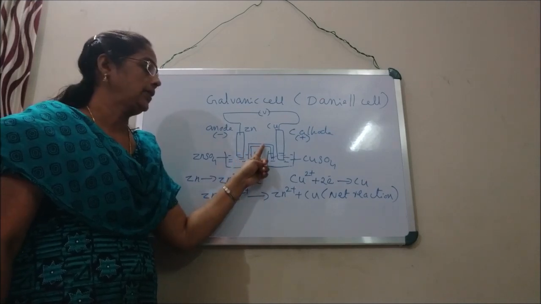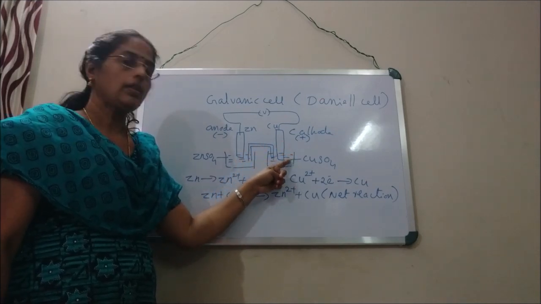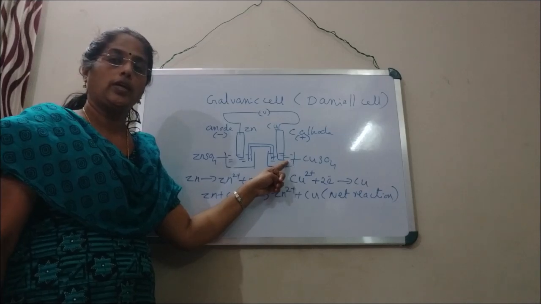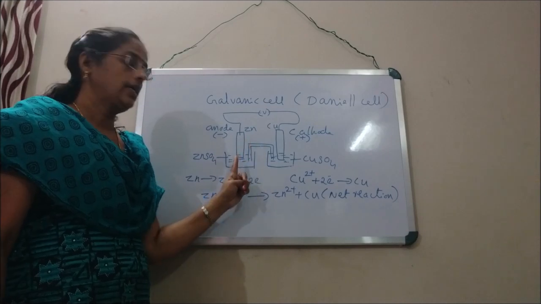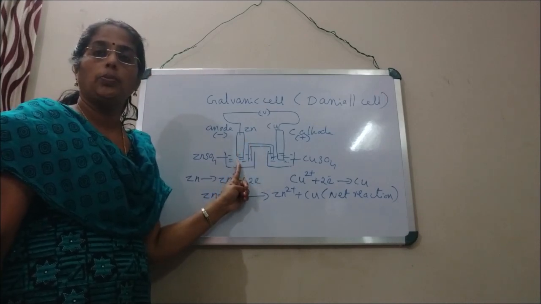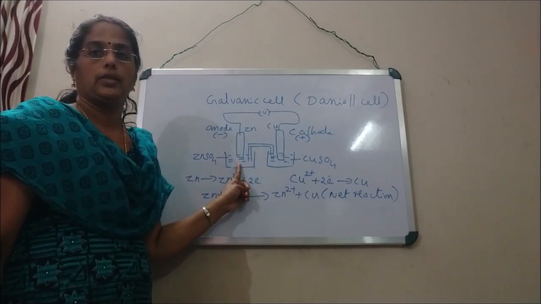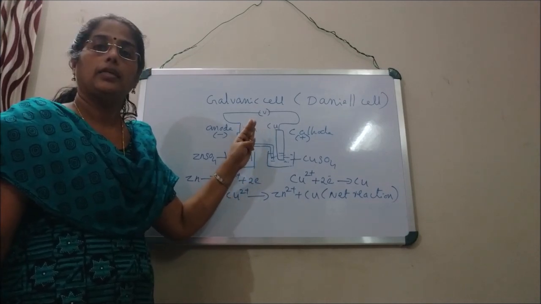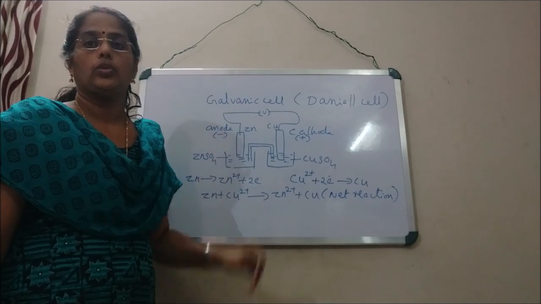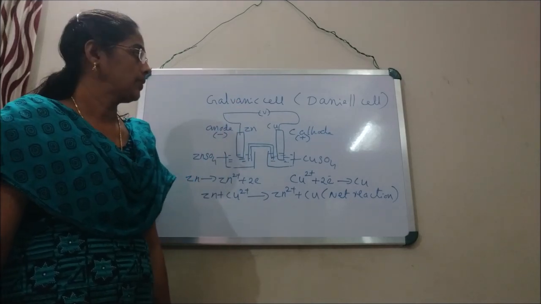That means K plus can neutralize the SO4 2 minus ions of the cathodic half cell, and the Cl minus ions can neutralize the excess of Zn2 plus ions in the anodic half cell. That is, it maintains the electrical neutrality of the half cells.